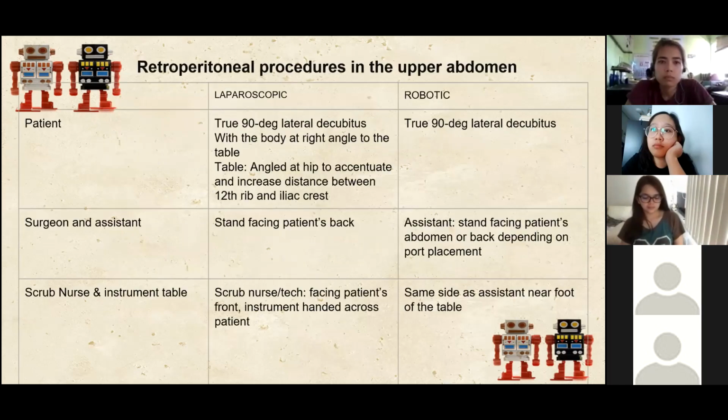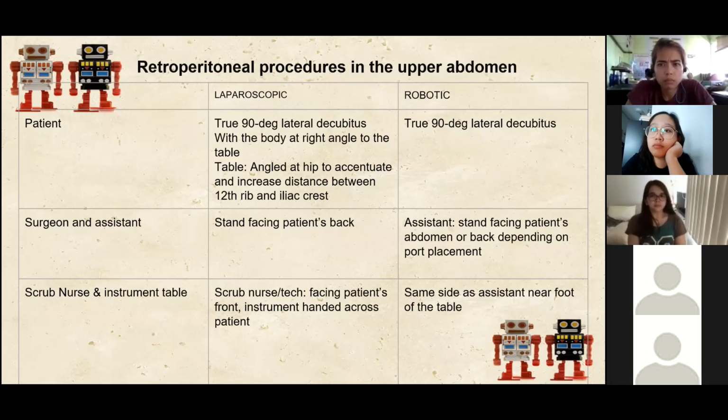So for your retroperitoneal procedures in the abdomen, for your laparoscopic, the patient should be placed on true 90-degree lateral decubitus with the body at right angle to the table, and the table is angled at the hip to accentuate and increase the distance between the 12th rib and the iliac crest.